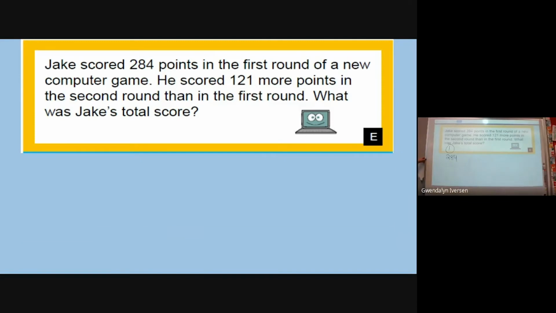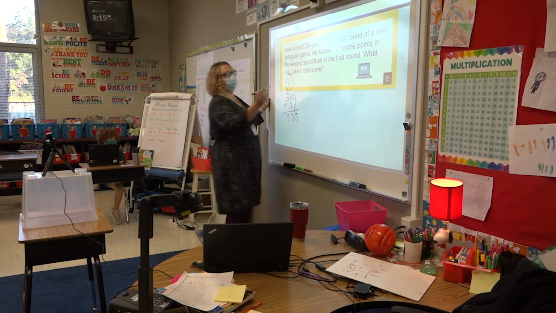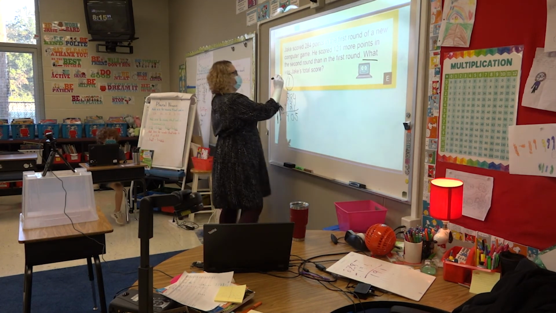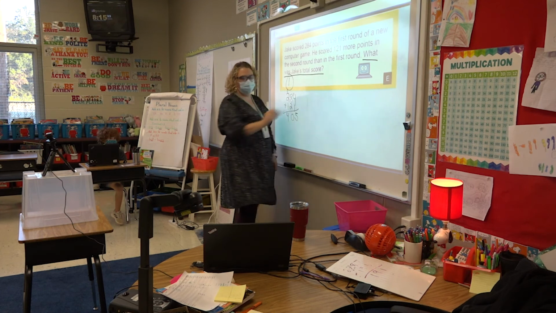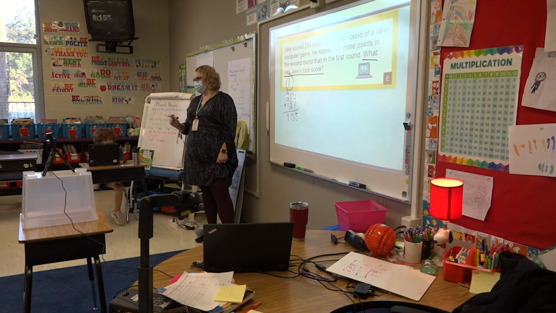He scored 121 more points in the second round. So we've all agreed that the second round was 405 points, right? But what does my last sentence say? What was Jake's total score?